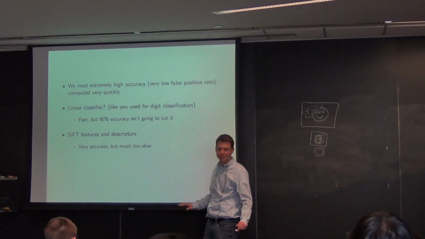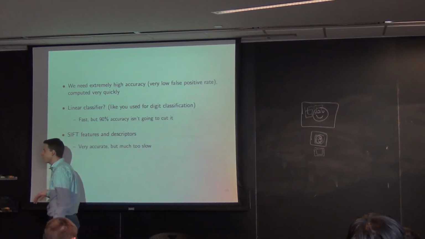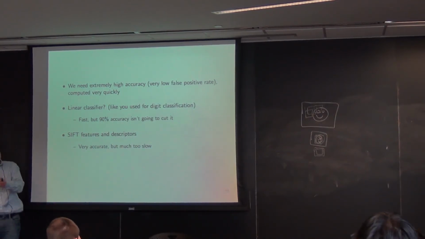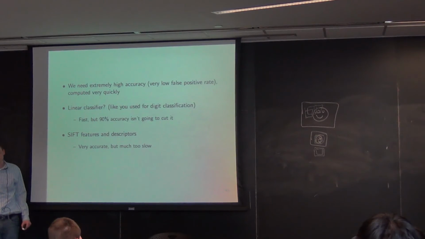SIFT did exist back then, but it hadn't been adopted by the mainstream, and it certainly was too slow to do. And even now, this is really expensive. You probably can't do it on a camera. It would take all the battery of your iPhone.